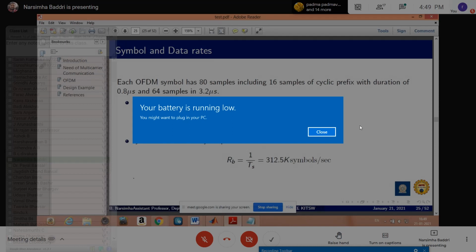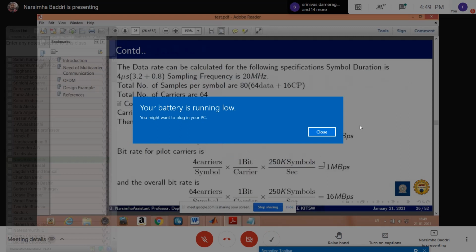You can also calculate the bit rate, because each symbol consists of, suppose we are using BPSK modulation, 1 bit per carrier. So these are the derived parameters from the given standard.